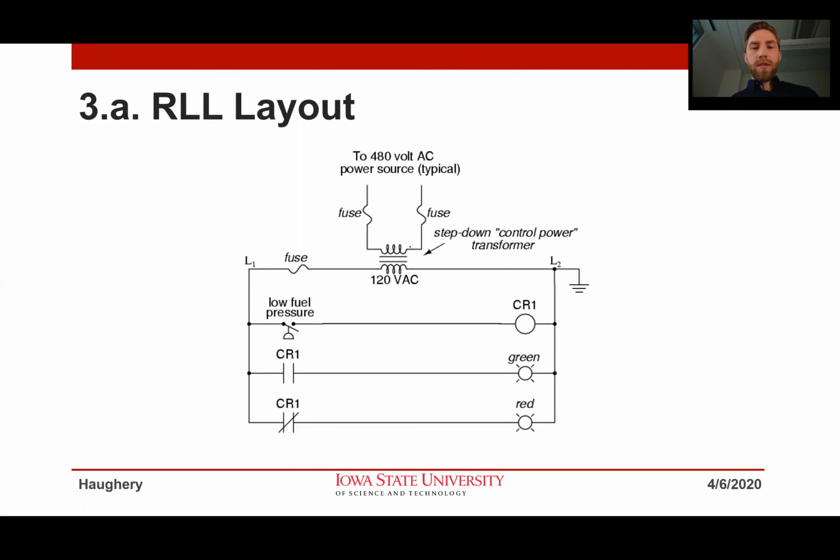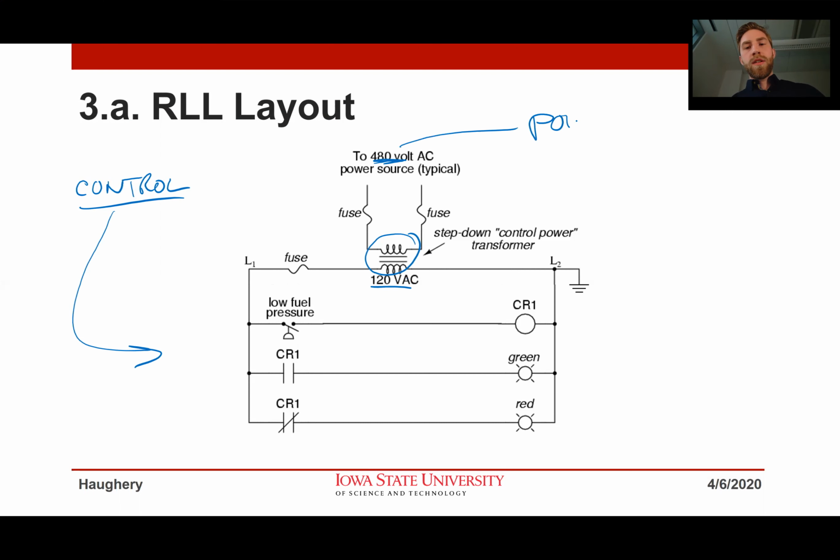We've seen the transformers before, right? So we have our transformer, and this is stepping down 480 volts to 120. Okay, so again, a lot of times this is the control circuit, which is at a lower voltage than my power circuit, maybe the 480.